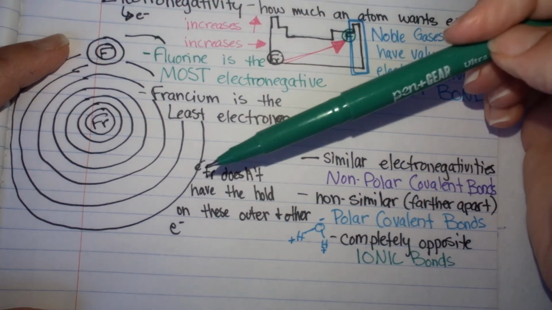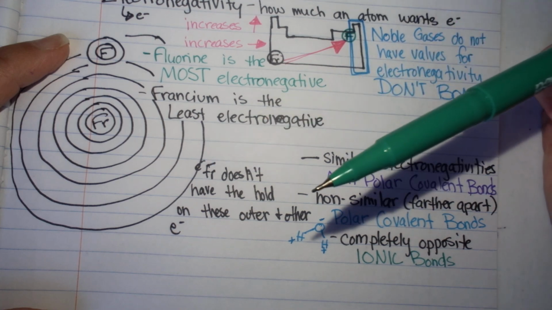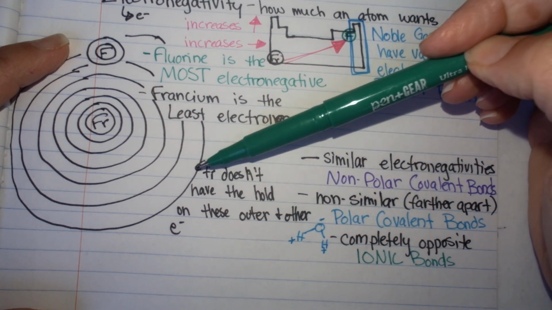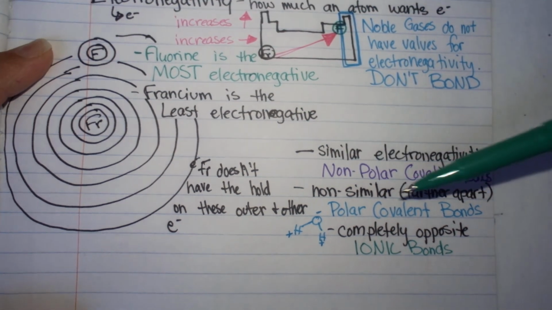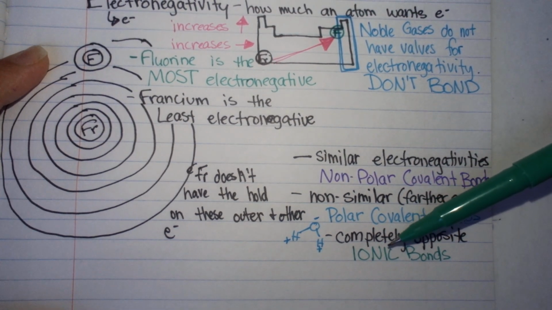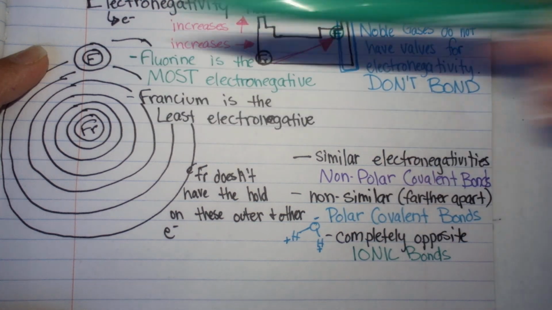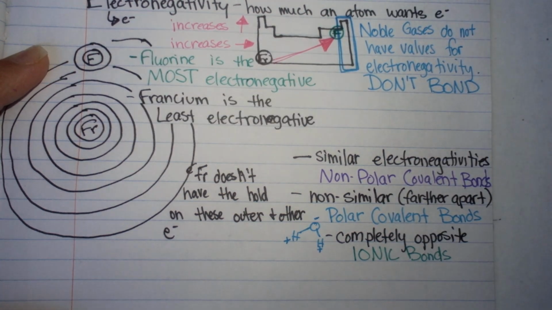Fluorine will straight up steal francium's little electron out there, and then fluorine becomes negative, francium becomes positive, and that causes that ionic formation. So these two would become ions, and they could be attracted by the positive and negative charges there.